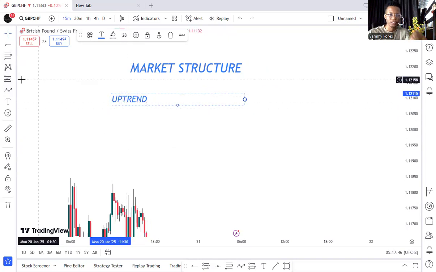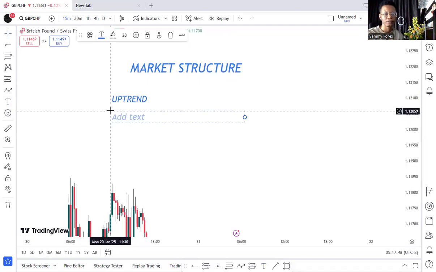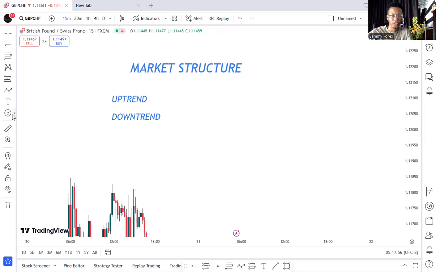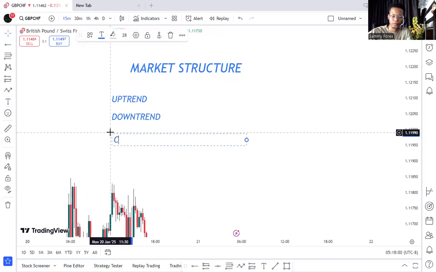We have the uptrend, then we have the downtrend, and then we have the consolidation, or you probably call it sideways.